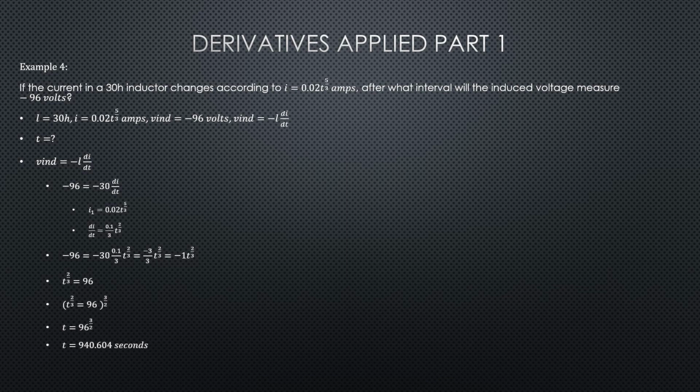So now I've got t is equal to 96 raised to 3/2. And now mathematically I can put that in my calculator, and I can find that t is equal to 940.604 seconds.